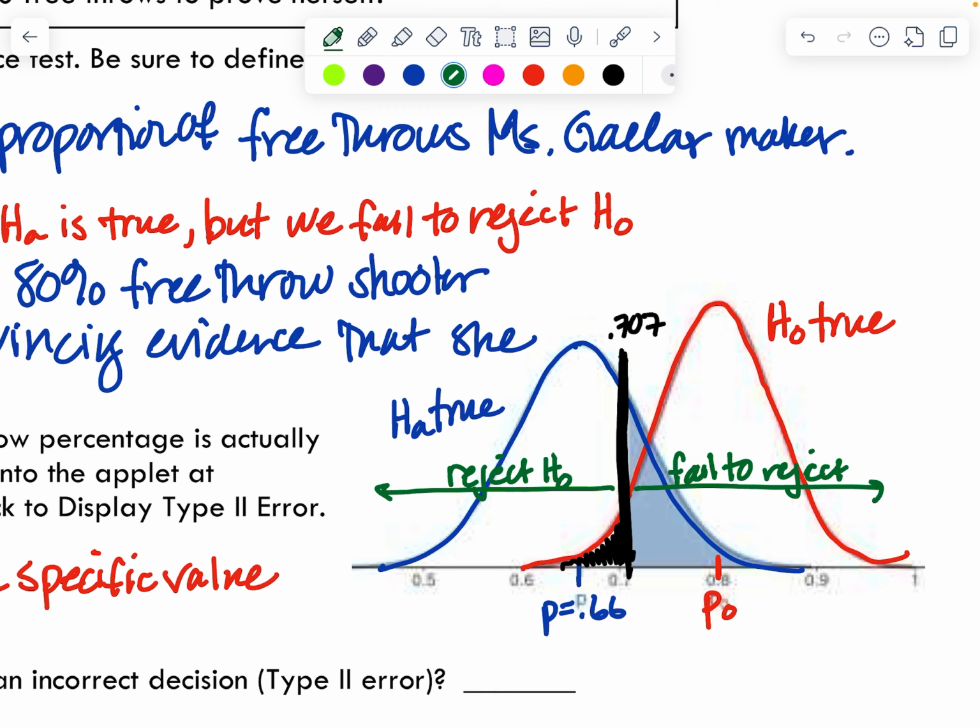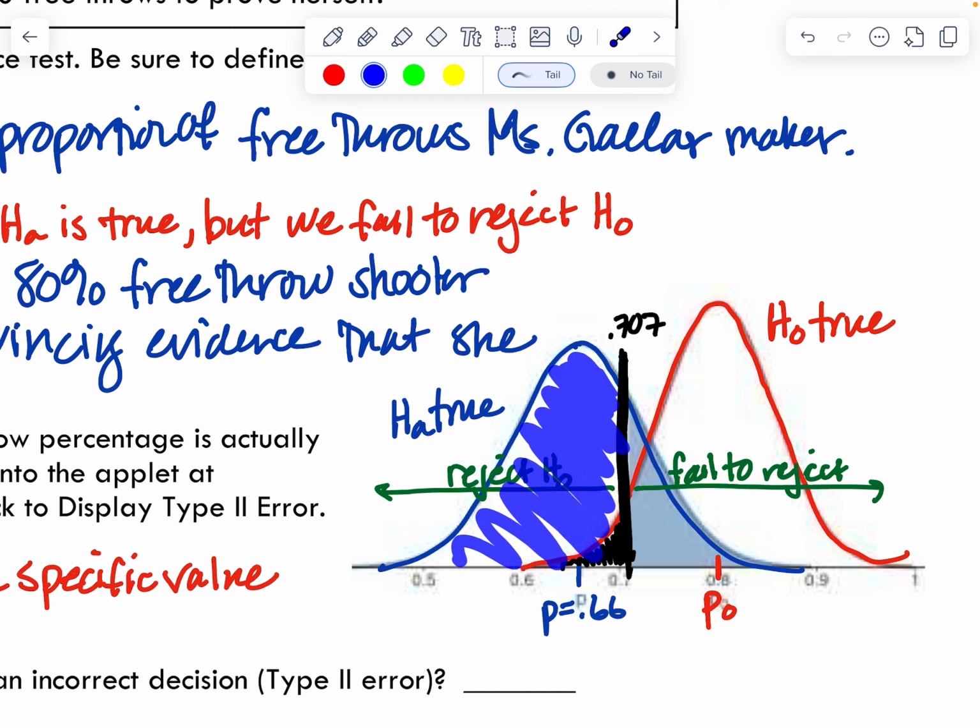Okay, now, here's the thing. If we are over here on this lovely side and we reject, all of these are happy face decisions, right? We rejected the null and we were right? Because the HA is true. So this right here is the power of the test.